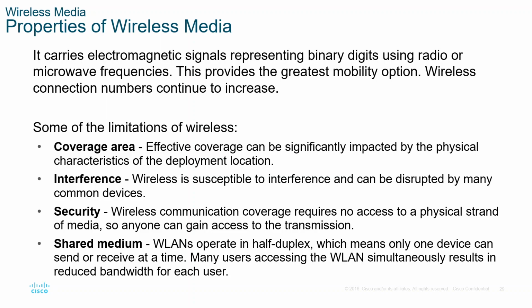Walls. Security is not very good in wireless networks. People can steal the signal, and the signal contains your password, your username, your banking information, and people can steal that information because it's all in the air.